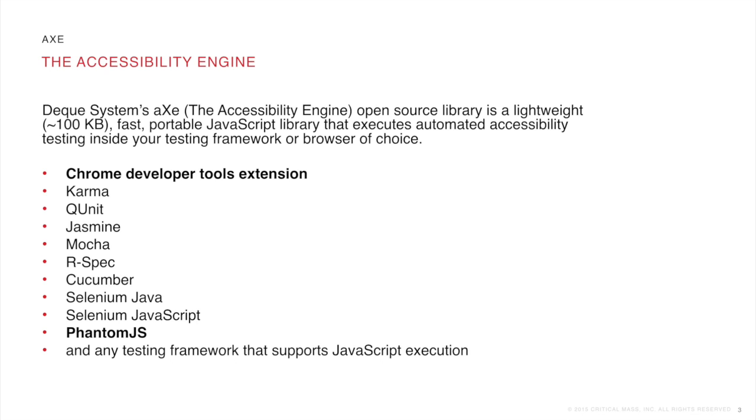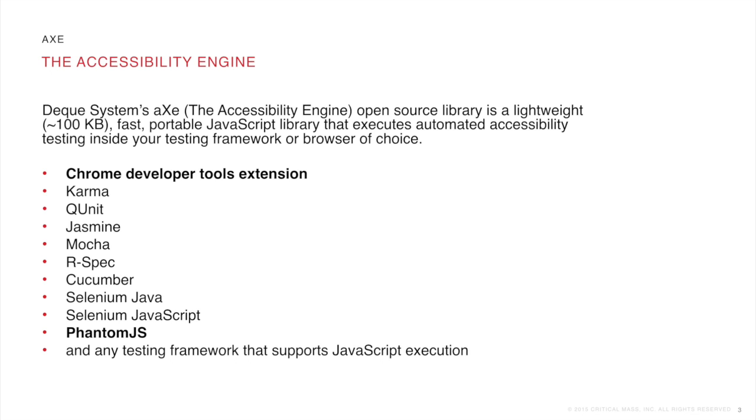A little bit about Axe, i.e., the accessibility engine. Deque built this lightweight JavaScript framework that is portable into pretty much every testing framework out there. So if you have a dev team, you can build it into your unit testing, your Selenium or your Cucumber, as an actual service.